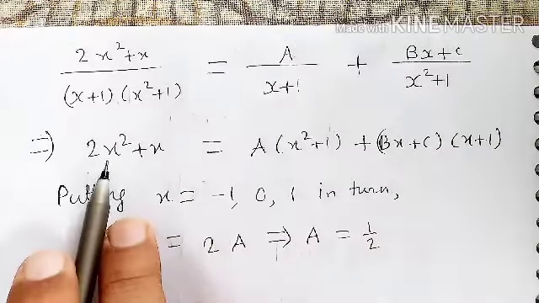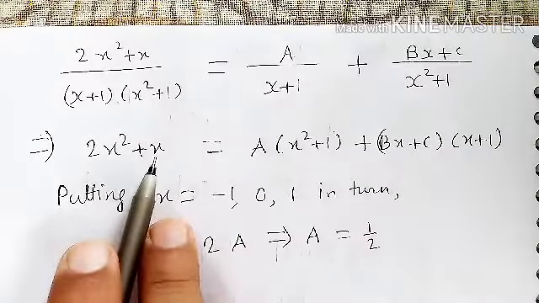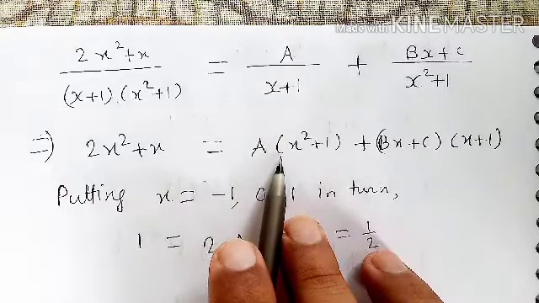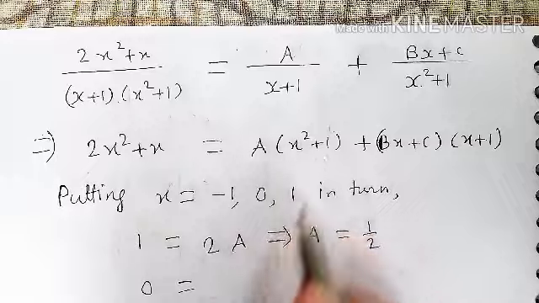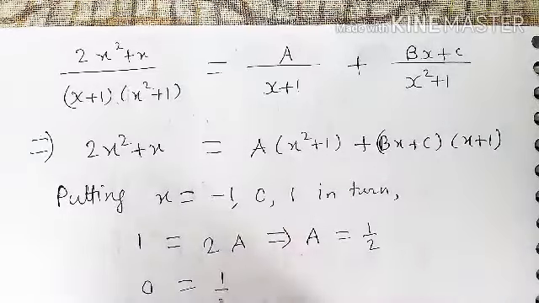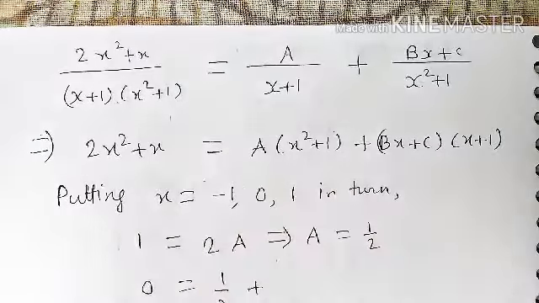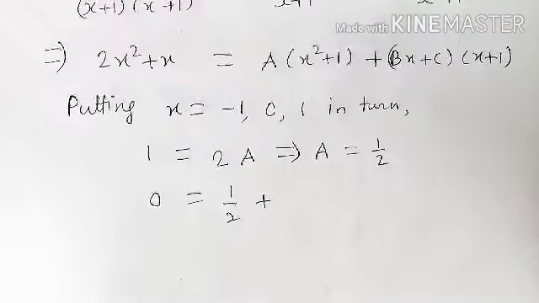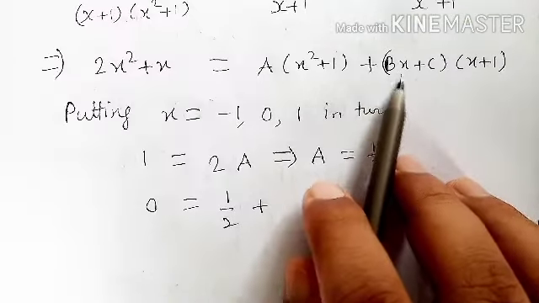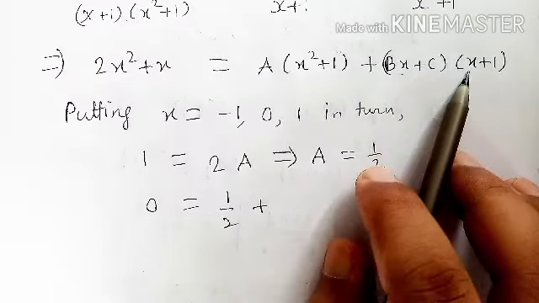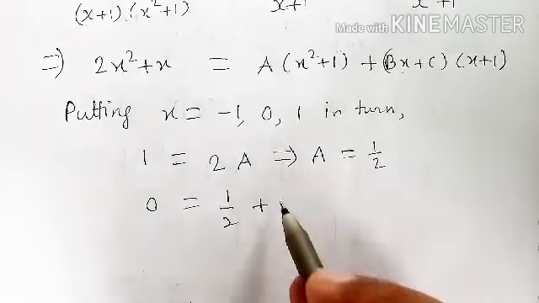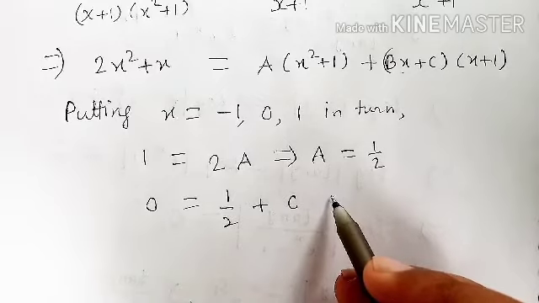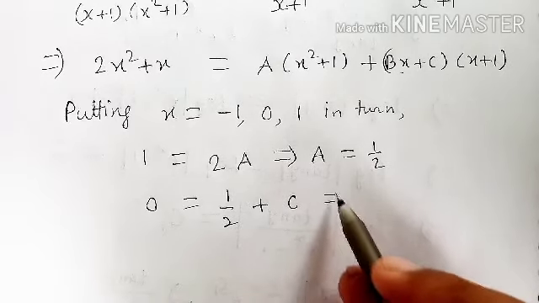Now if we put x = 0, then the left side becomes 0, and here we have A(0 + 1) = A = 1/2, plus (Bx + C), which becomes 0 + C, times (0 + 1), so we have C.